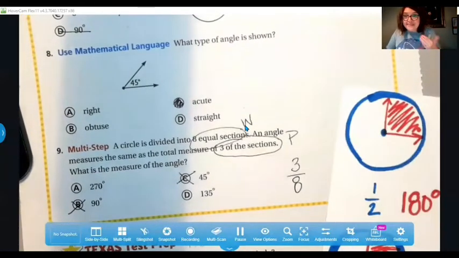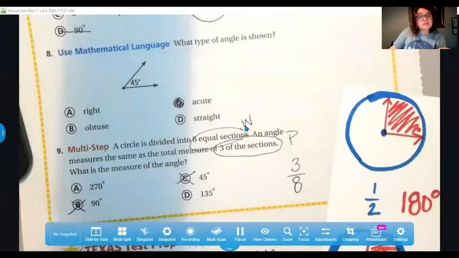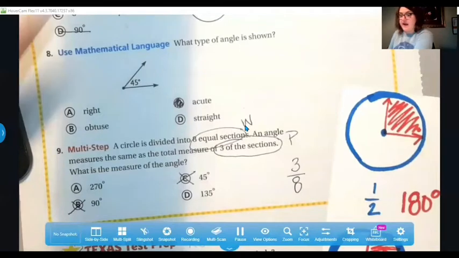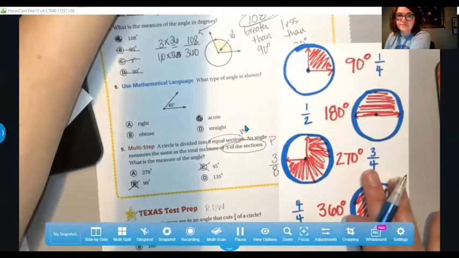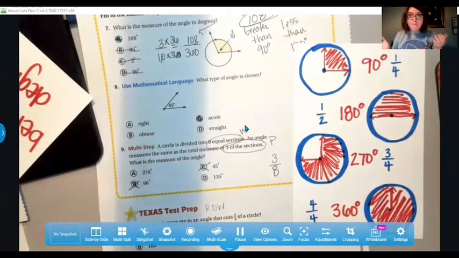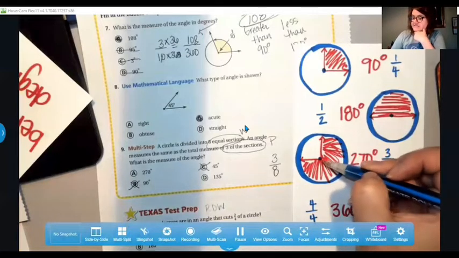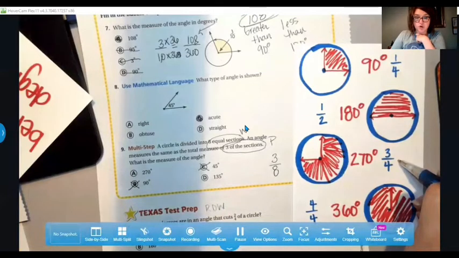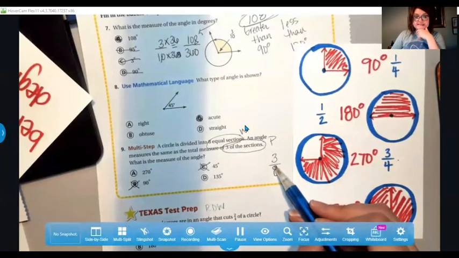Now, this is a pretty easy one because when I look at my benchmark angles, I can see how big 270 degrees really is. 270 degrees is 3/4 of my circle. And 3/8 is not.